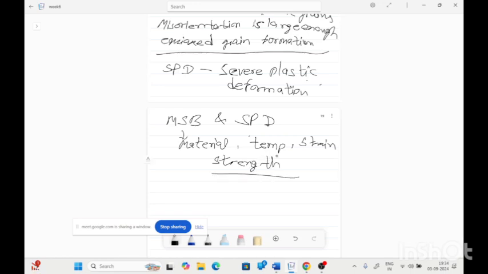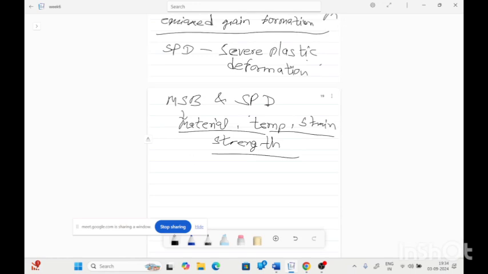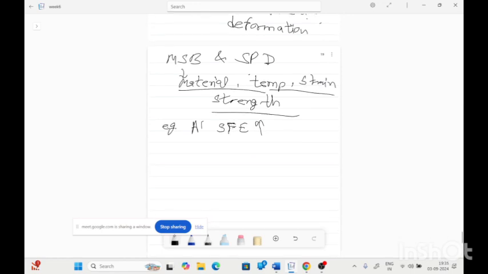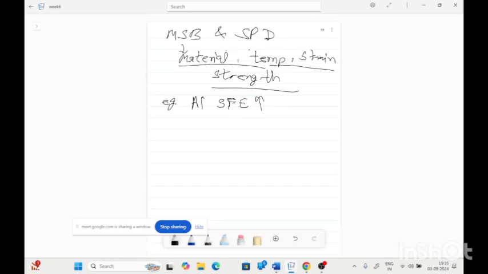So all these factors decide the formation of micro shear bands and severe plastic deformation. For example, aluminium has a high stacking fault energy, meaning stacking fault energy is very high. So the recrystallization process is also prevalent in aluminium alloys.